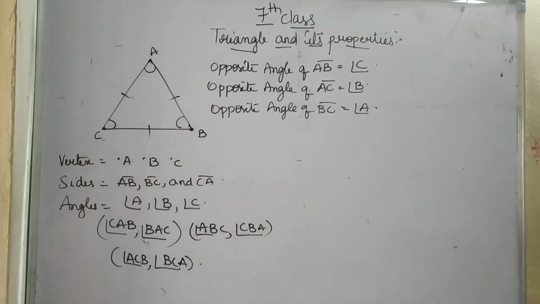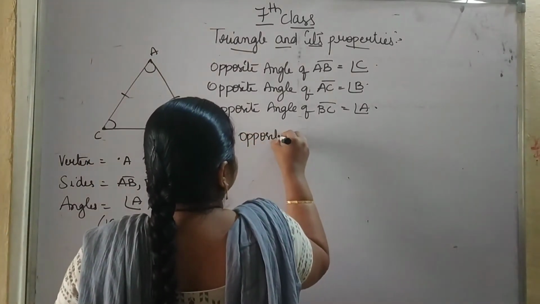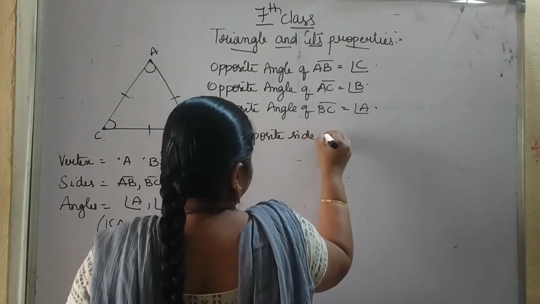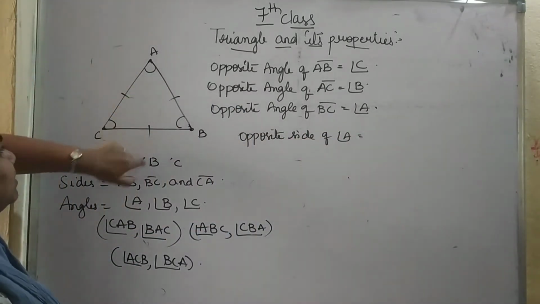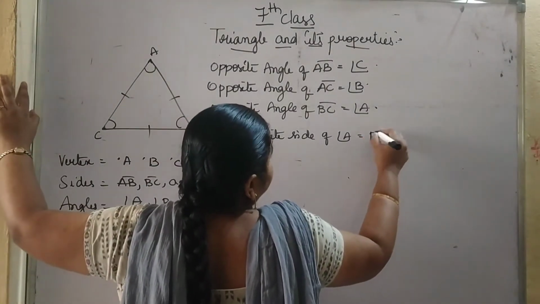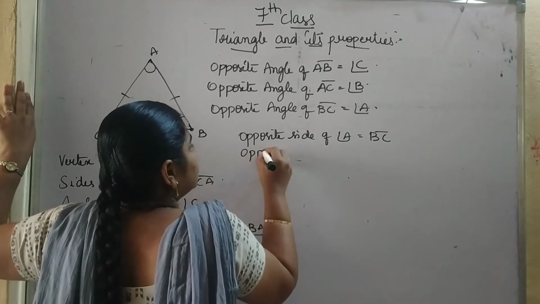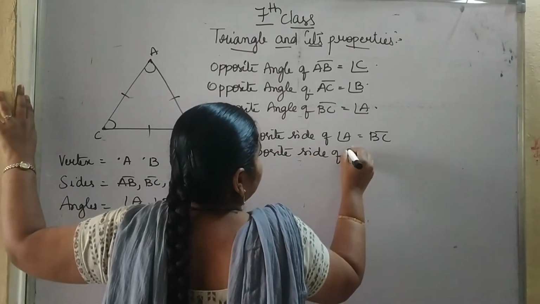In the same way we can write about sides also. What is the opposite side of angle A? BC is the opposite side. What is the opposite side of angle B?